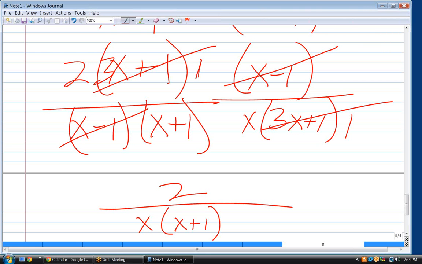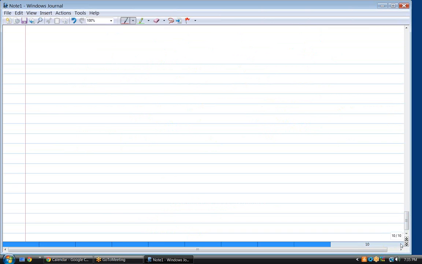And that's how I get a 1 there and a 1 there. I cancel it and I don't write it because it is 1. But it's worth knowing that it's not 0. I'm not really canceling it. It's not like I've subtracted 3x plus 1 from top and bottom. Okay?